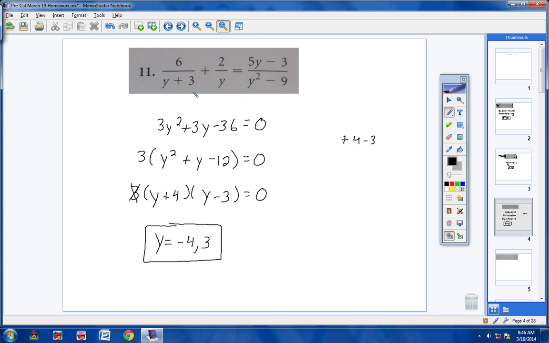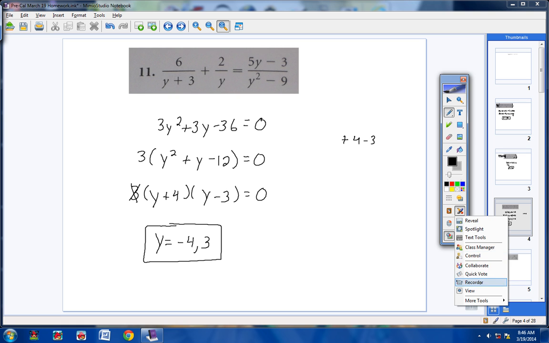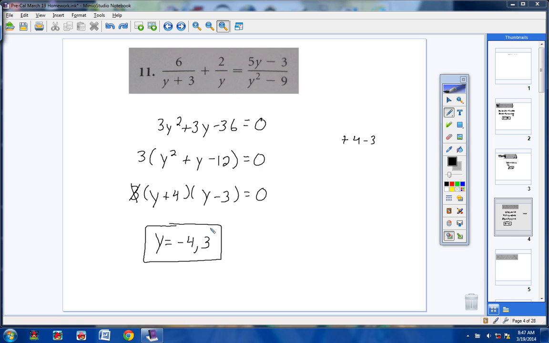Now step 4 is check for extraneous solutions. And if you put 3 into this equation up here, let me see here real quick. If you put a 3 into this equation, you're going to get out a solution that does not exist, because think about it right here.